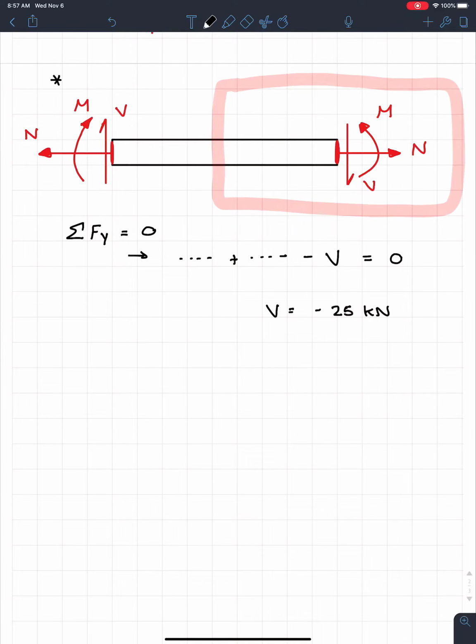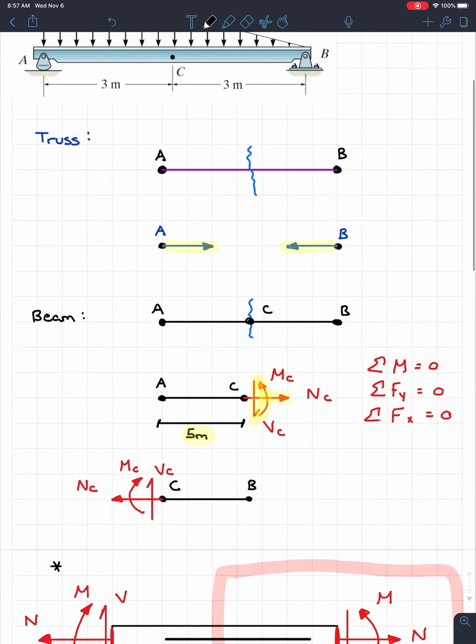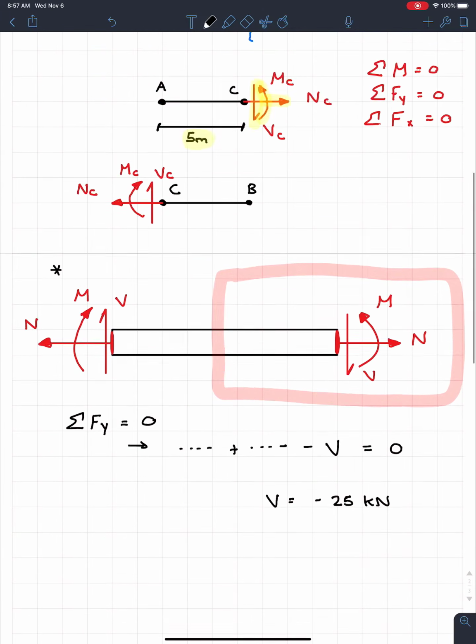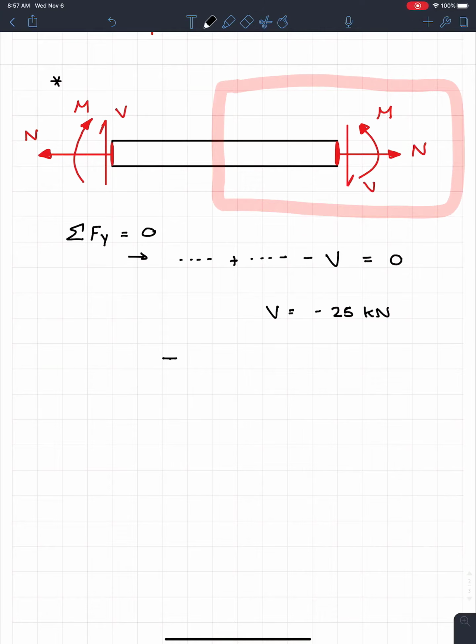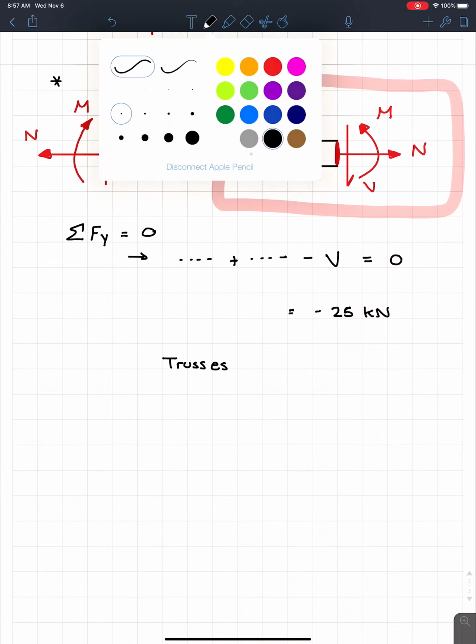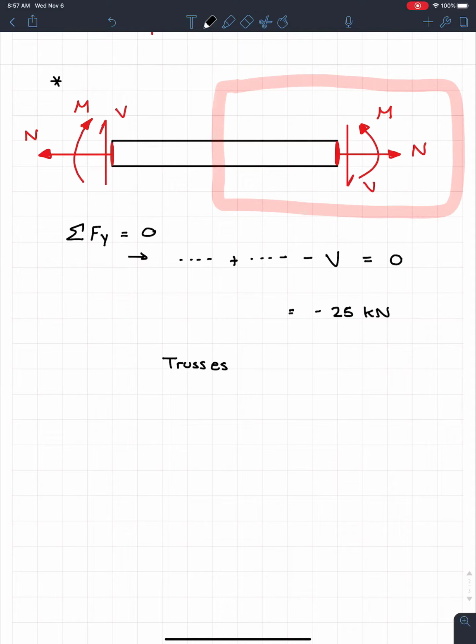Okay, well, if I look up and I remember trusses, if I got a negative answer, what that means is the member's not in tension, it's actually in compression. And what I would do for trusses, let's not do V, let's do N, because there are no shear forces in a truss. So for trusses, I'd go N is equal to 25 kilonewtons, and I'd put compression.